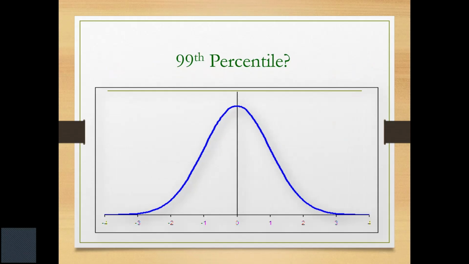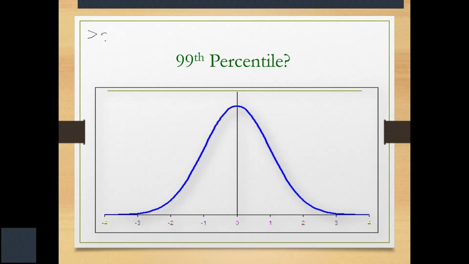We can also look up the 99th percentile. The easiest way to do this would be to put in qnorm(0.99), and that gives you a z of about 2.33. So it's going to be somewhere here.